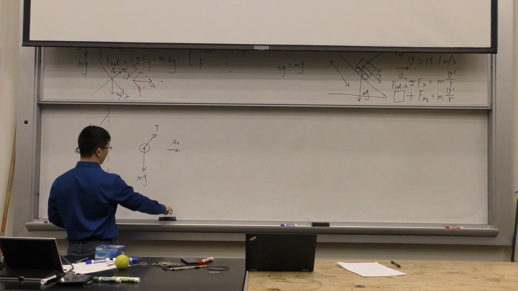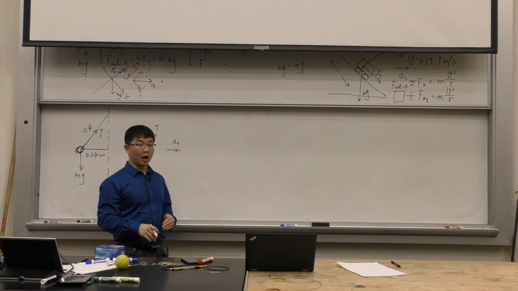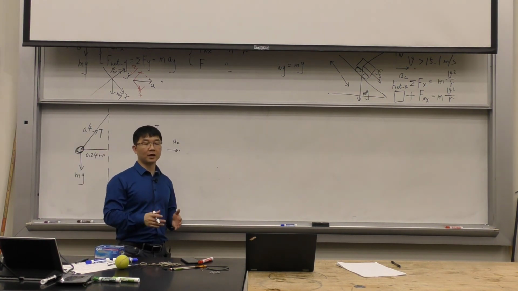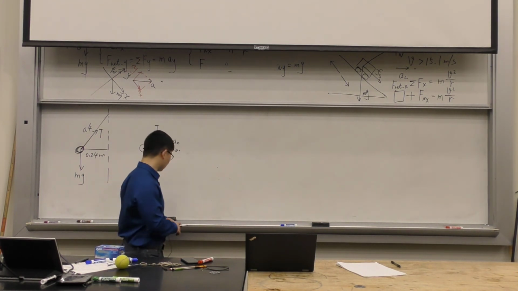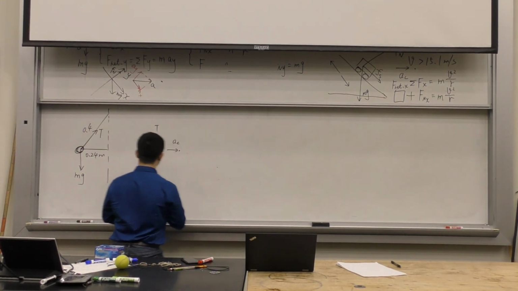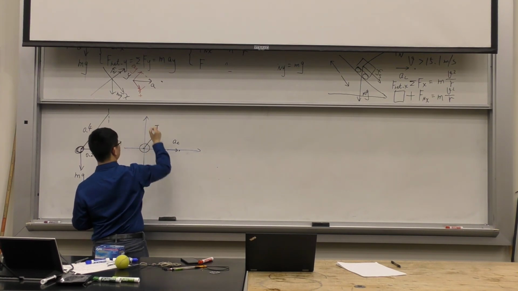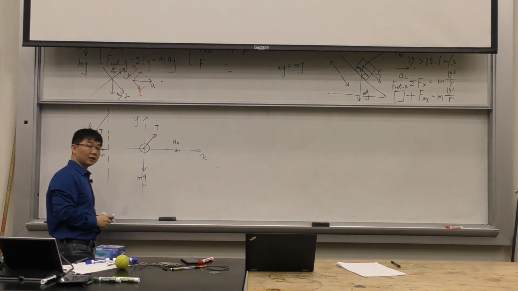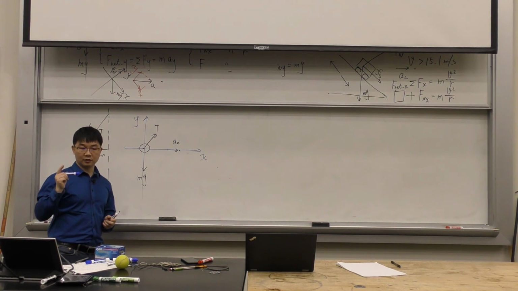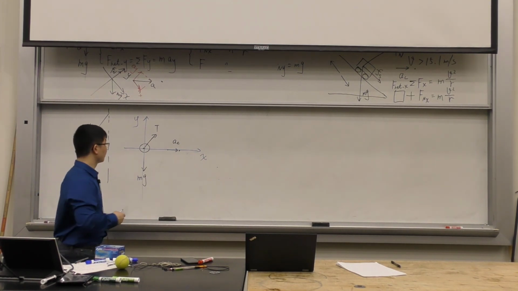I'm going to pick a coordinate system so that I can put my central acceleration in the x or y, because I don't like breaking acceleration. So the coordinate system I'm going to pick is still going to be this: x and y. Now you see that I put the centrifugal acceleration in the positive x direction. That means if I want to plug in the acceleration in x direction, I should use v squared over r. I shouldn't just use 0.